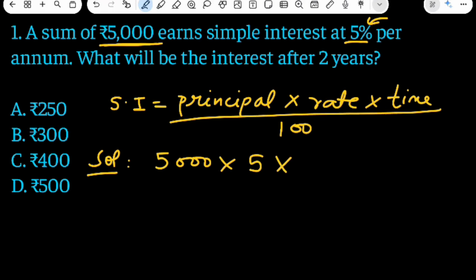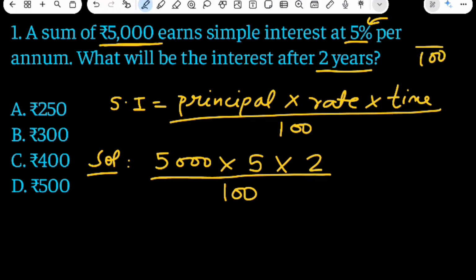Now we are also provided with the time, 2 years. So any time frame that we have in the question, we keep it as time, like 2 years. We have to divide the whole by 100 because percentage symbolizes dividing something by 100, right? Which is already included in your formula.